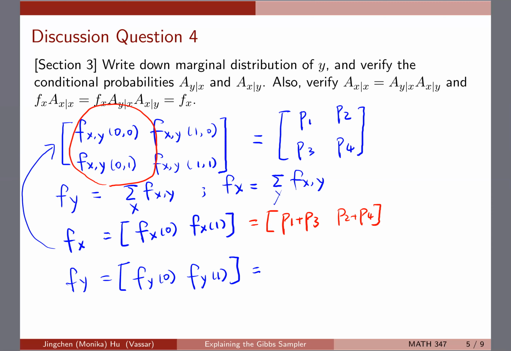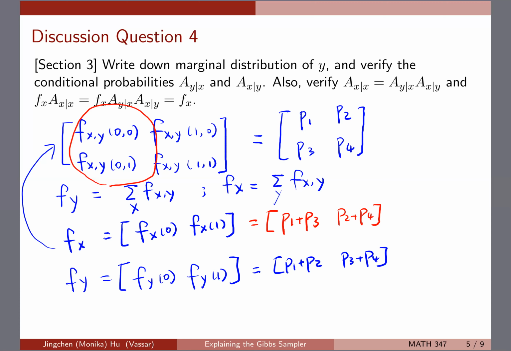You always go back to the joint and then find the correct terms that you need. So this is P1 plus P2, and then P3 plus P4. All right, that's good. So that's the first part, write down the marginal distribution.